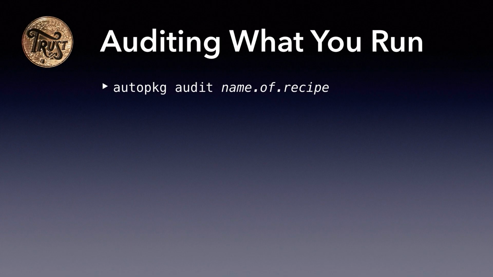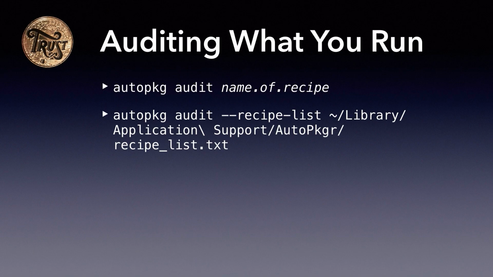You can put a space, type a second recipe in, put a space, type a third recipe in, as long a list of recipes as you want, and it will check it. For those of you who are AutoPkg users, you already have a recipe list, and just like I showed earlier in the presentation, you can use that same reference to your recipe list to audit your recipes. And there I've shown you the longer form rather than -L for the option flag.